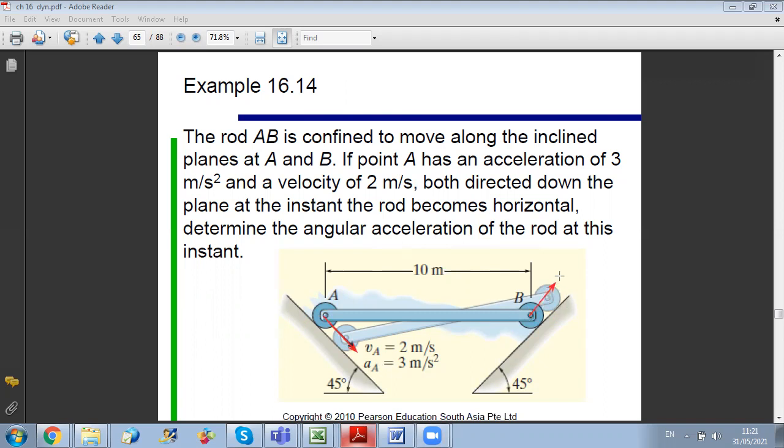And we said that in the method of instantaneous center, if we know the direction of two velocities, it is enough to locate the instantaneous center. Why? Because the instantaneous center should be on the perpendicular to VA, and also on the perpendicular to VB.